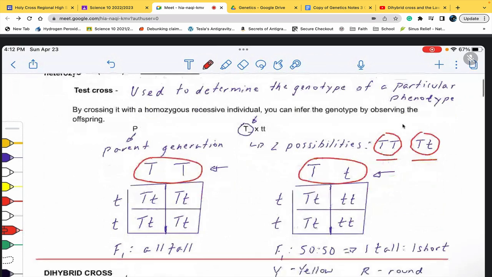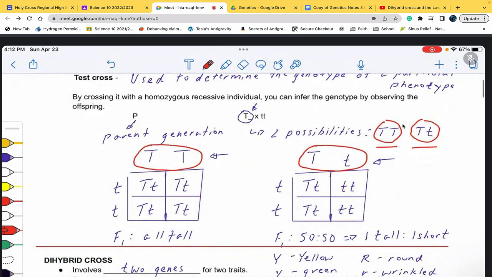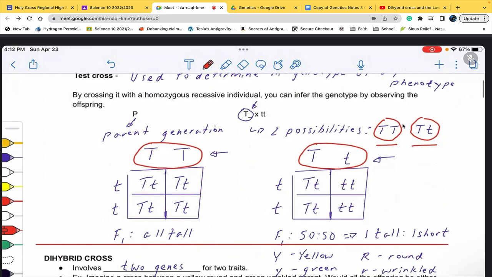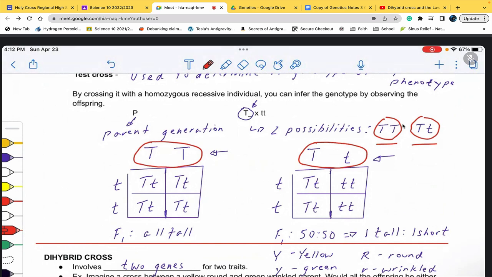Okay, so we can now go on to what are called dihybrid crosses, which involve 2 genes for 2 traits. In this case, we're going to look at yellow and green alleles and round and wrinkled. Yellow is dominant, round is dominant.